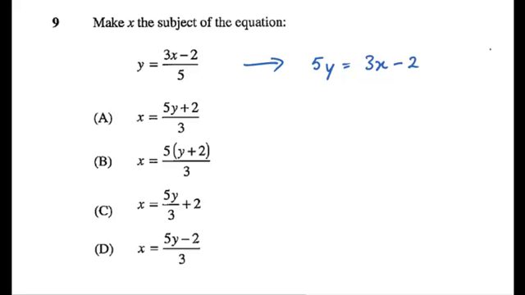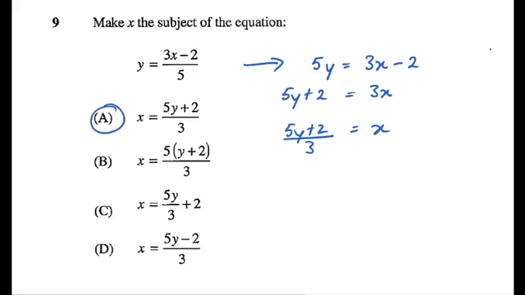So next I would add 2. So 3x equals 5y plus 2. And finally I would divide by 3. So x equals 5y plus 2, all divided by 3. So all over 3. Alright, so my answer is A, 9A.